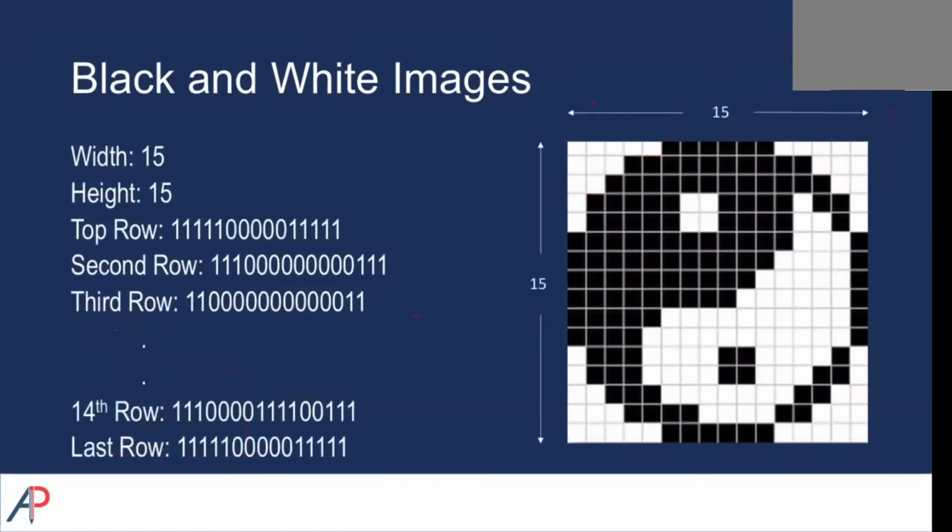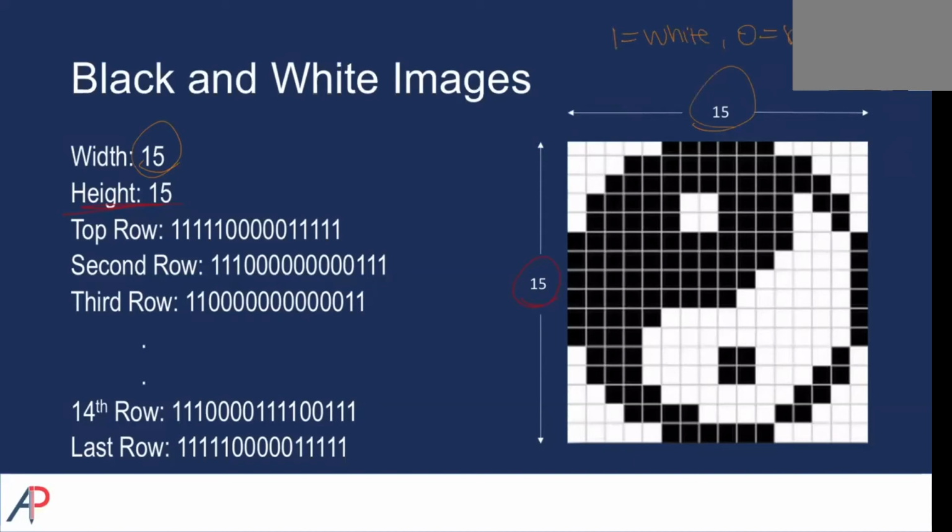Let's see how the metadata would affect the storing of this image. By counting the number of pixels, we have 15 going up and down. That would be our height. And then we also have 15 going left and right. That is our width. When we look at the pixels on the top row, remember 1 is white, 0 is black.